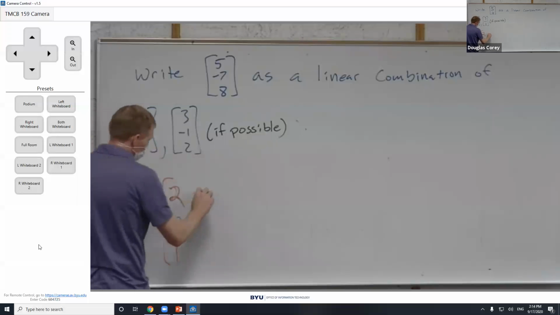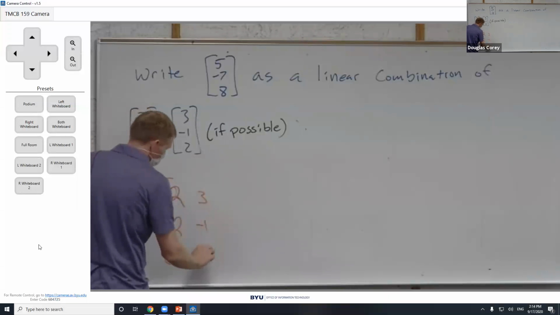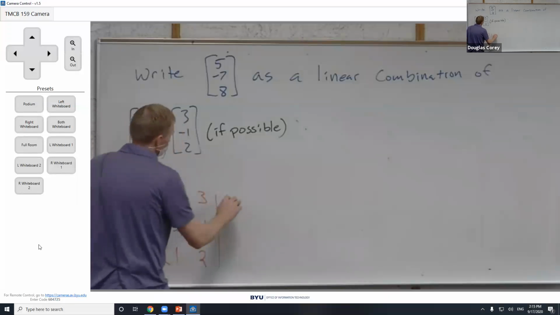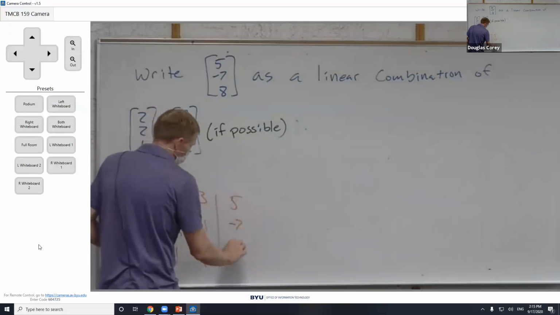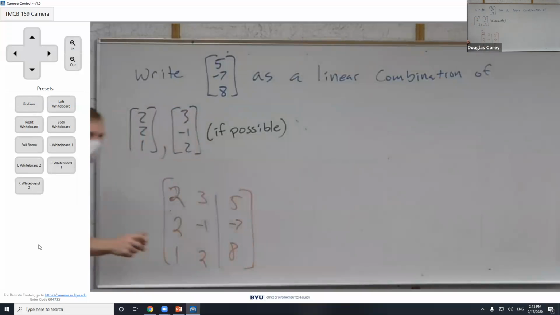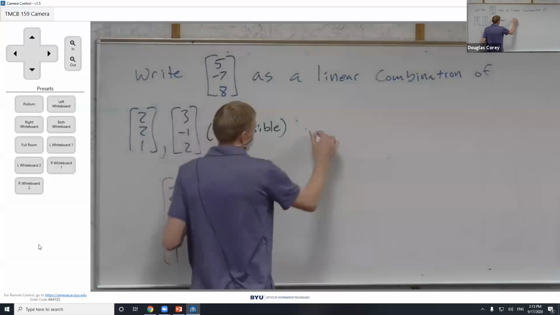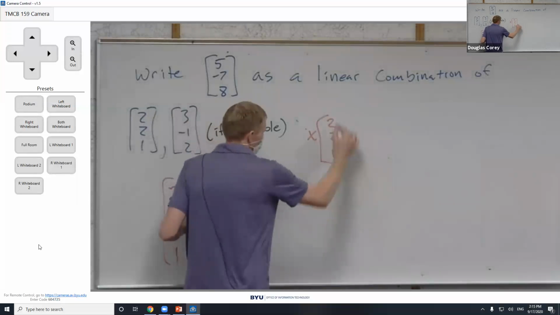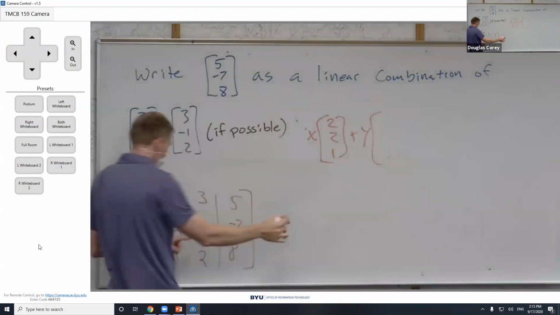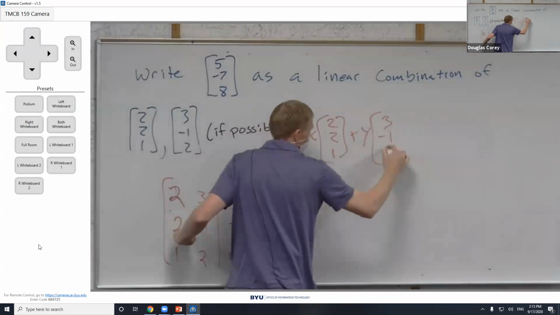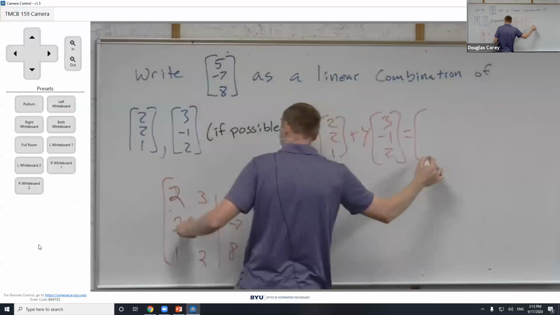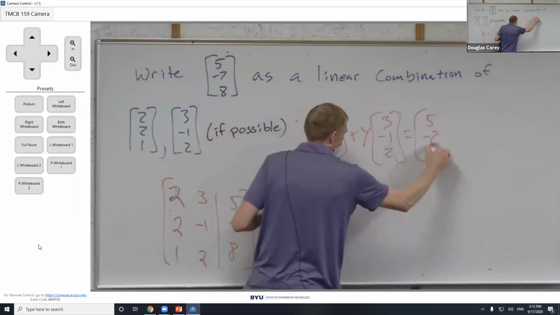One way to see if this is true is to write this down as an augmented matrix. And if there is a solution here, the solution would be an x and a y, where I'd have x times (2, 2, 1) plus y times (3, -1, 2) equal to (5, -7, 8).